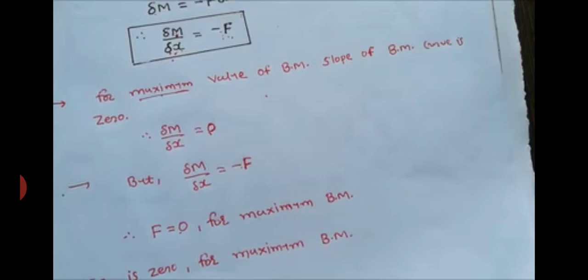The bending moment will be maximum where the slope of the bending moment is 0, that is delta M by delta X is equal to 0. But delta M by delta X is equal to minus F. Therefore F is equal to 0 for maximum bending moment. So this is the relationship between bending moment, shear force and load.